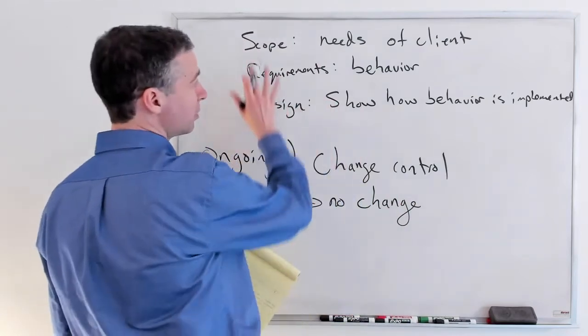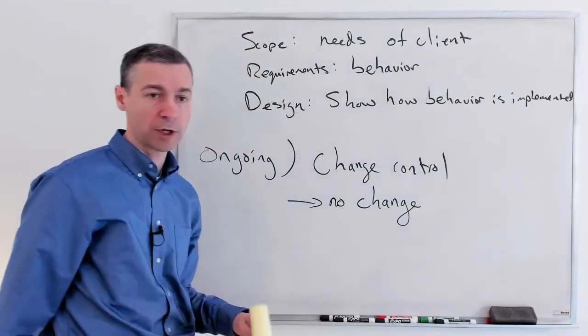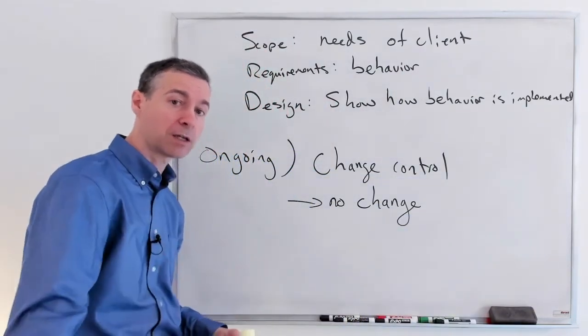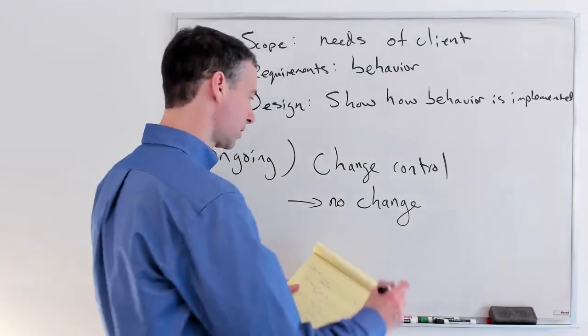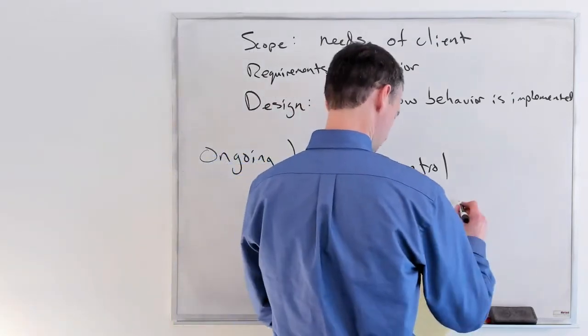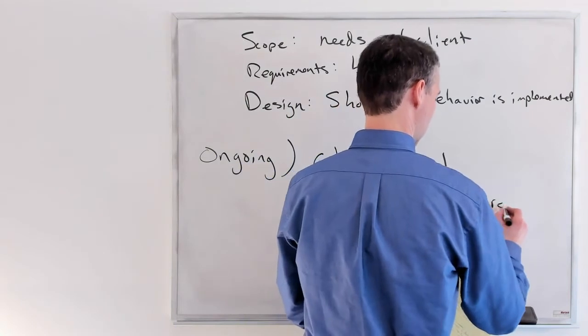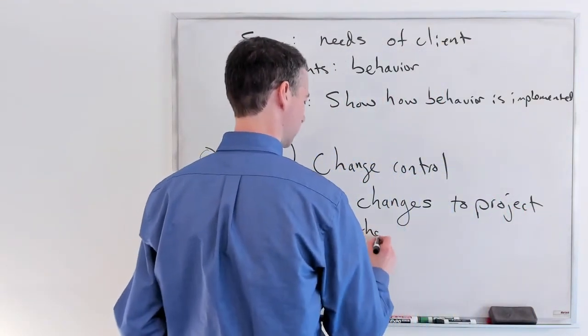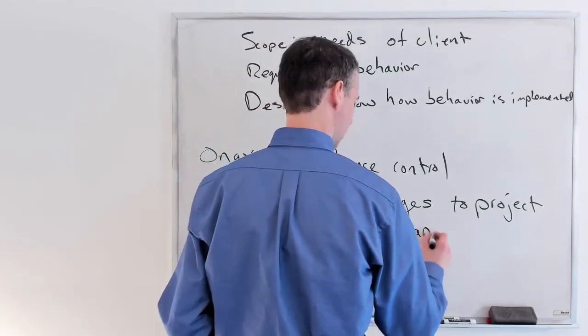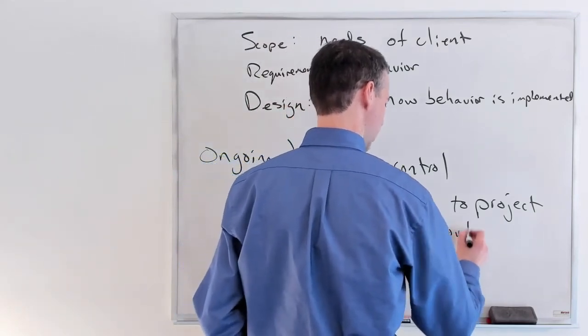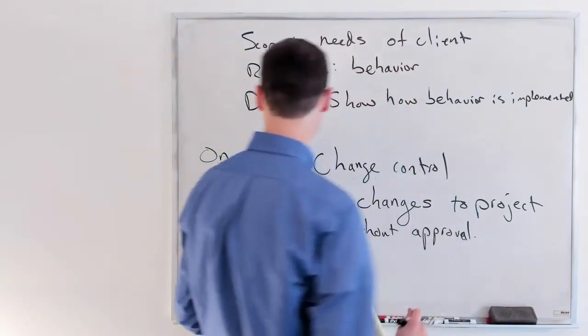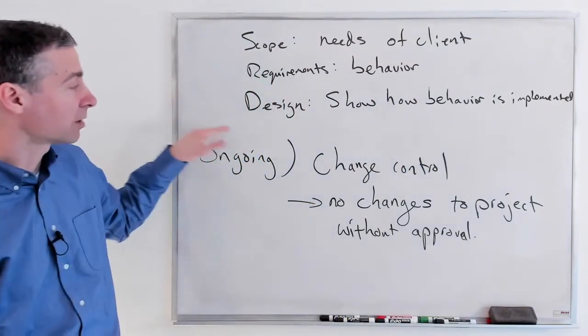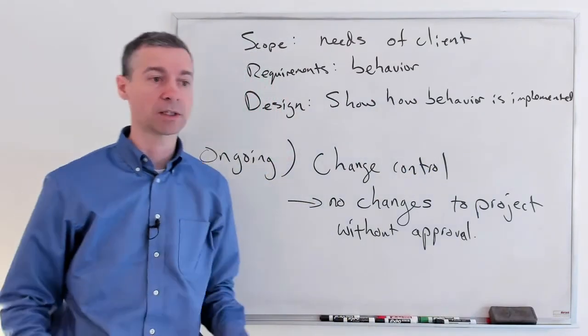At this stage, once you've got a software requirement specification, you had better have change control in place, so that no changes are allowed to the project without approval. Okay, so if you're looking at when to implement change control in a waterfall approach, at least by this stage, you gotta lock it in.